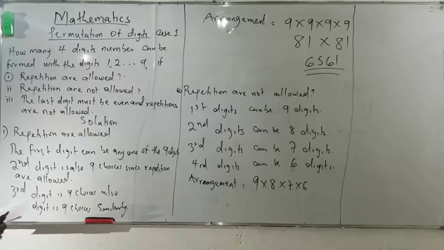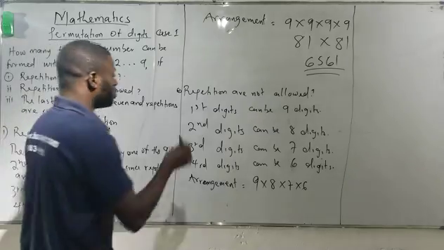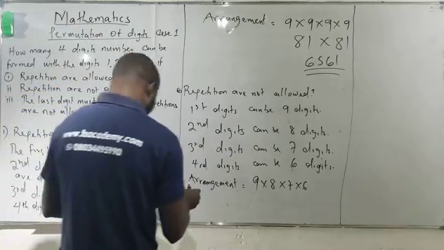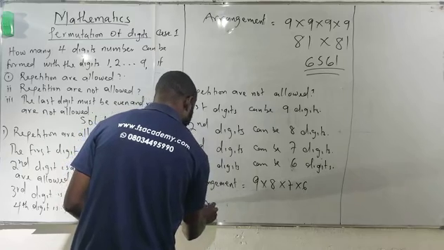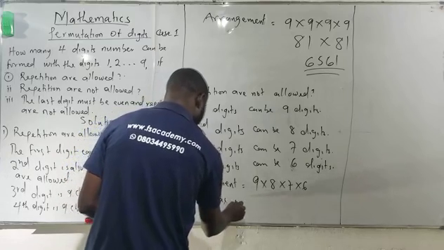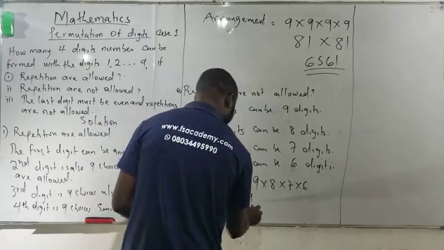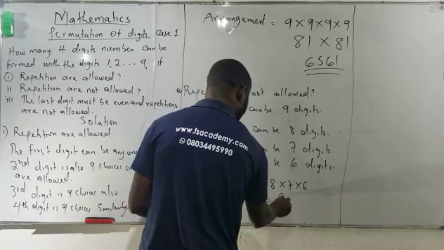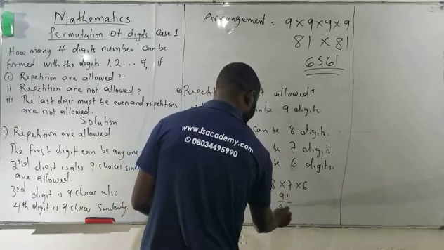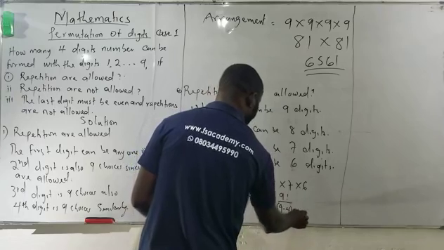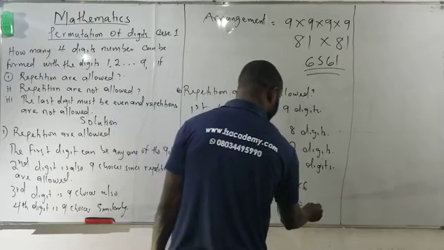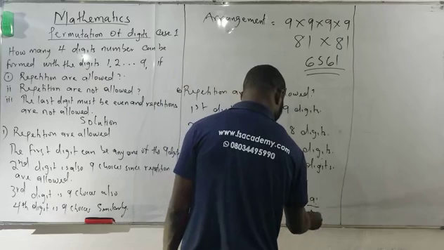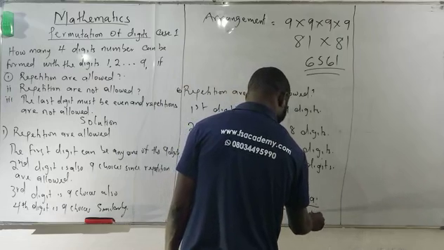By so doing this, I can also say that, look at this, repetition not allowed is the same as 9 permutate 4, which is equal to 9 factorial over 9 minus 4 factorial, which is equal to 9 factorial over 5 factorial.